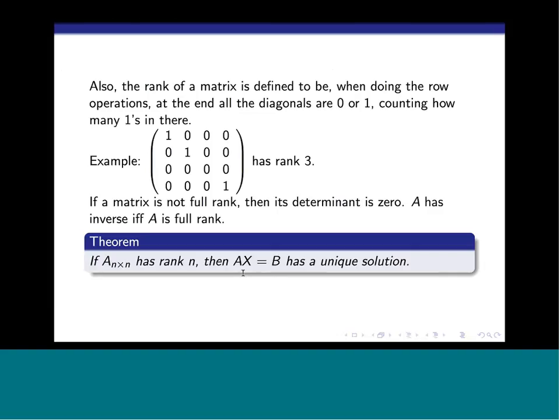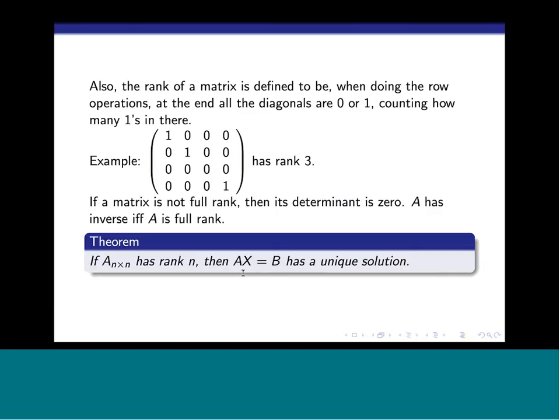If you have an n by n matrix and the rank is n, then it's full rank. So a matrix has an inverse when you find out it's full rank.